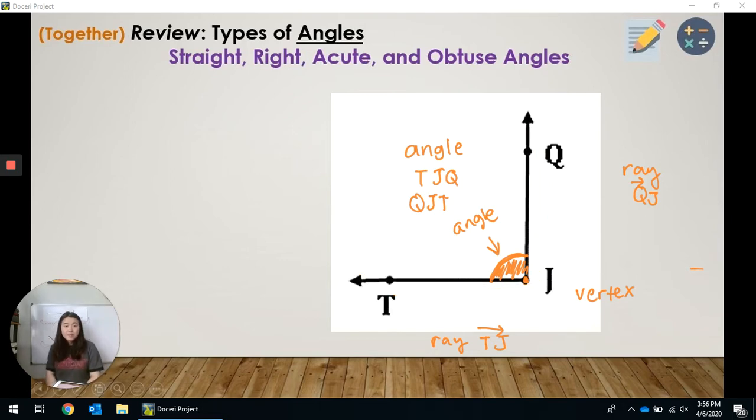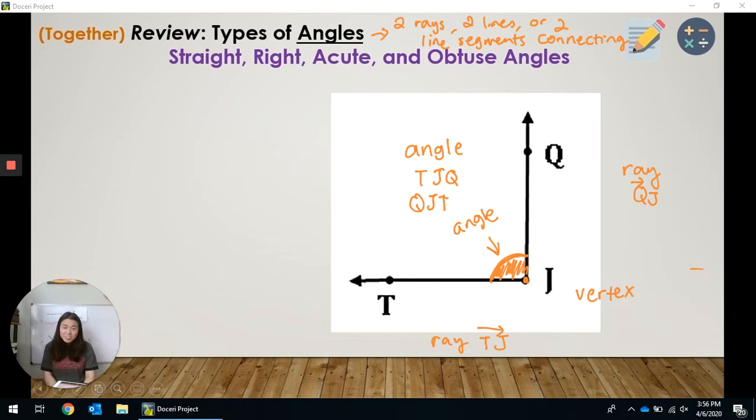Okay? So those are some notes that you can write down. So an angle is two rays, two lines, or two line segments connecting. Okay? So that's an angle.